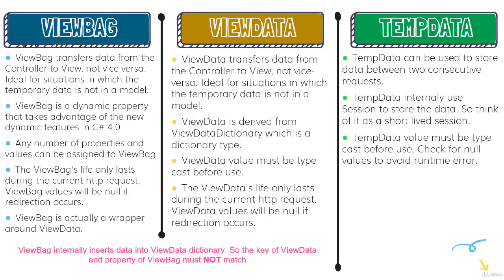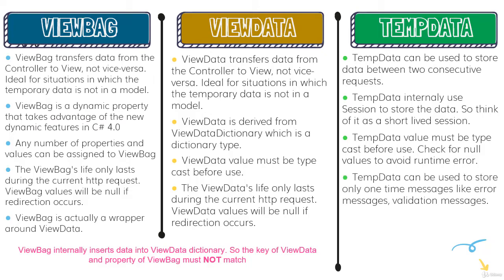TempData values must be typecast before use, so we have to check for null values to avoid runtime errors. TempData can be used to store one-time messages like error messages and validation messages, and that's exactly what we want in our scenario.